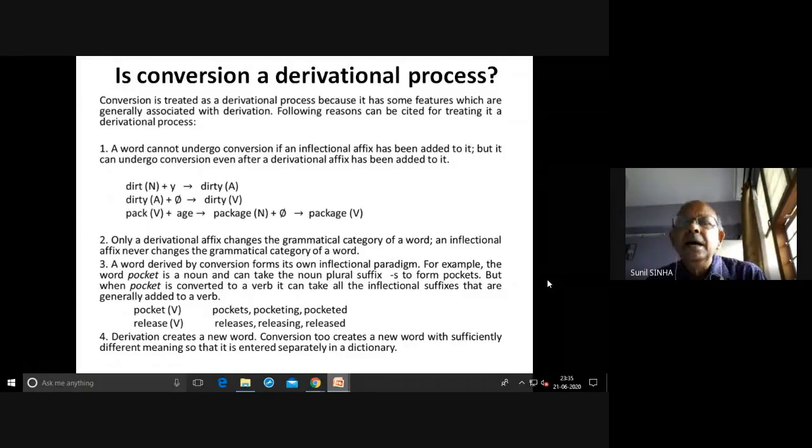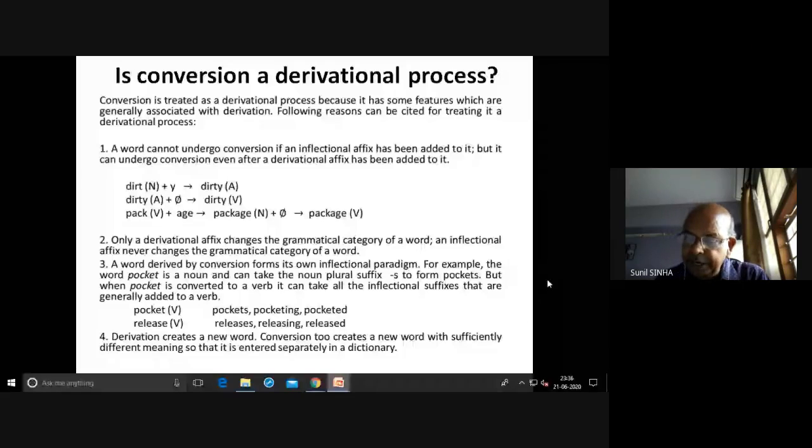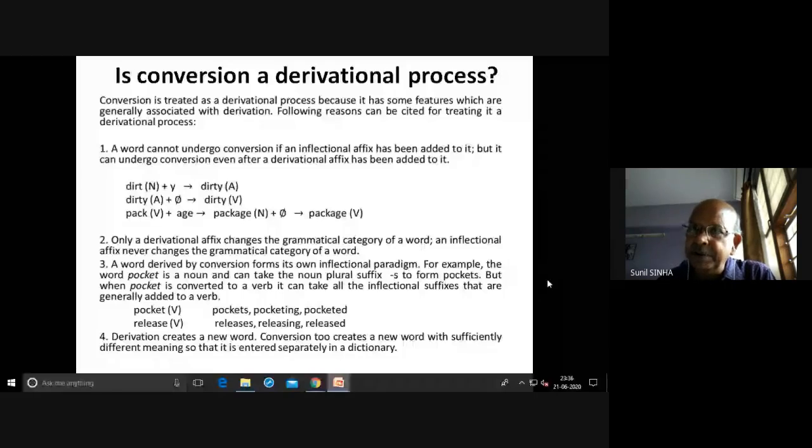In the first or in the second slide, I said the judge ordered the release of the prisoner, or the judge released the prisoner. So release can be used as a noun, and release can be used as a verb. And what is the argument, or what is the proof that release can be used as a verb? It can take s, that present tense morpheme, third person singular present tense morpheme, releases, releasing, that is progressive morpheme, and released, past tense morpheme.